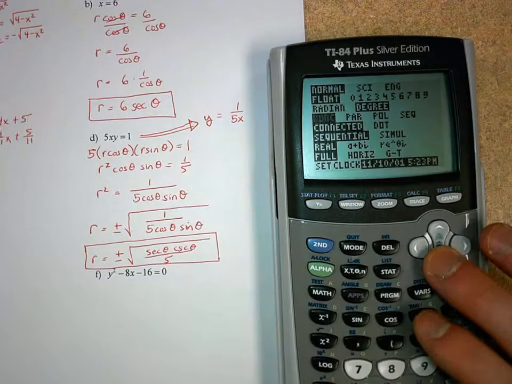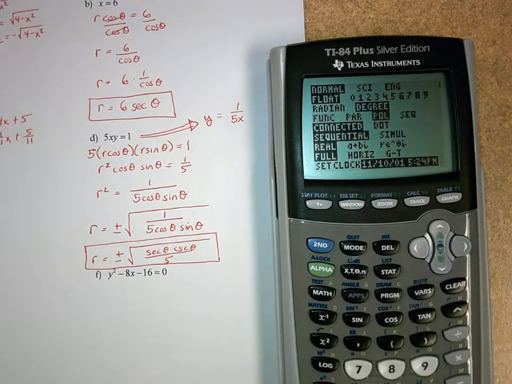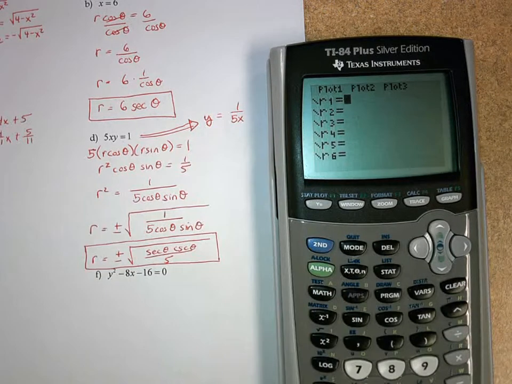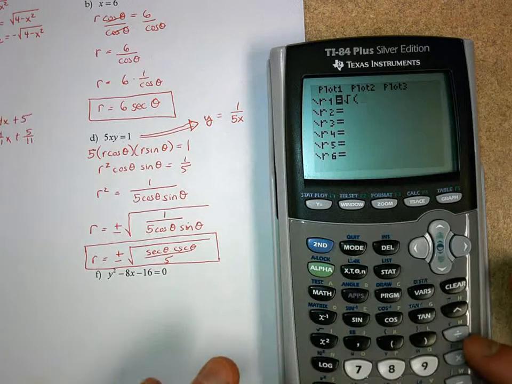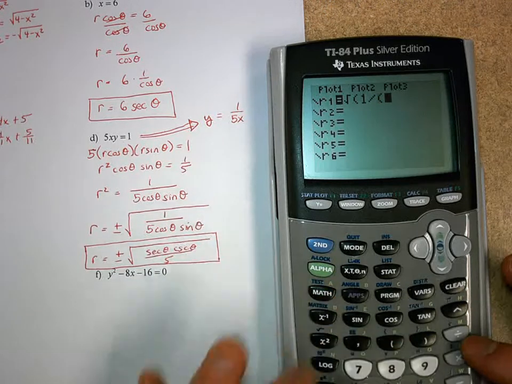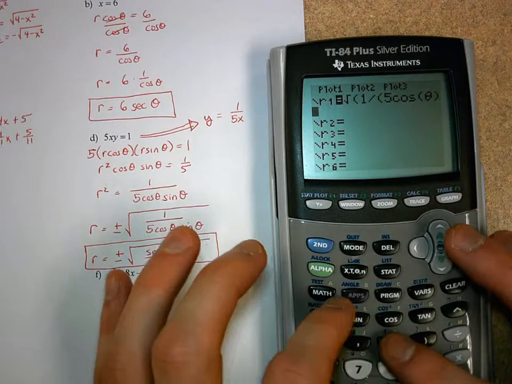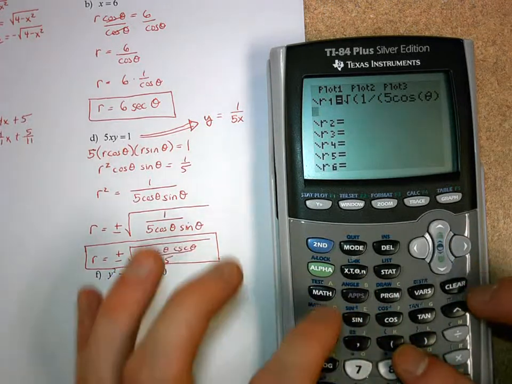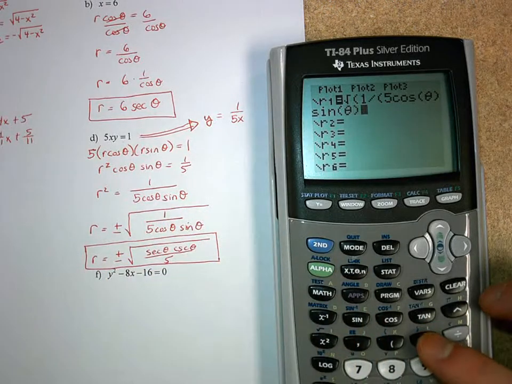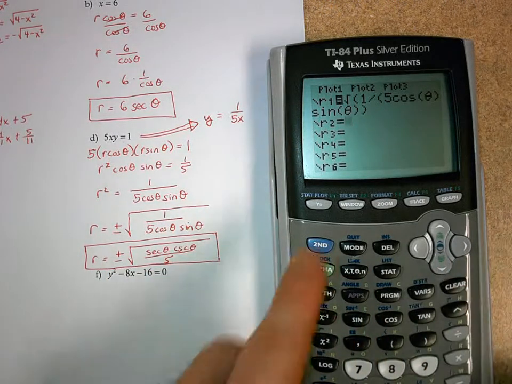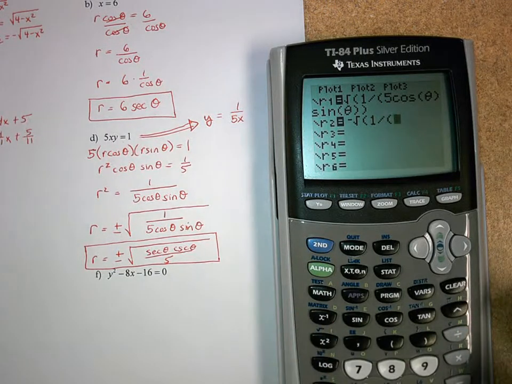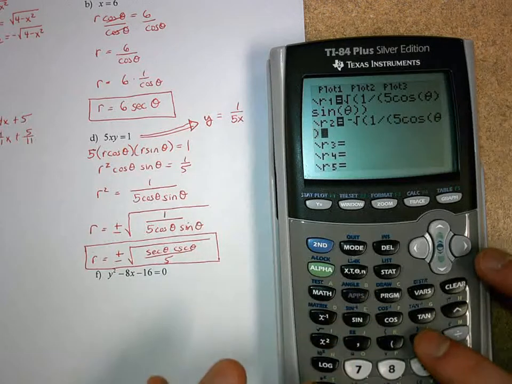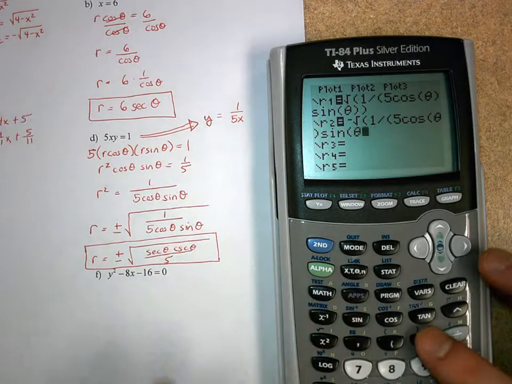Let me convert this to polar form, and we want to make sure we get the same equation, same graph. So the square root of 1 divided by 5 cosine theta sine of theta, and then the other one, negative square root of 1 divided by 5 cosine theta sine theta.